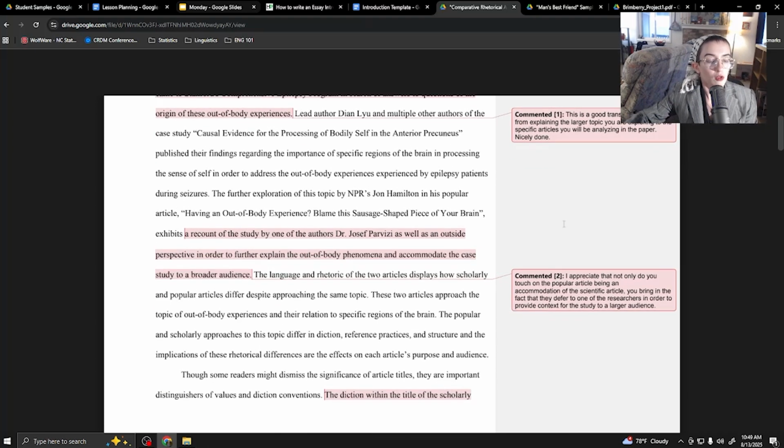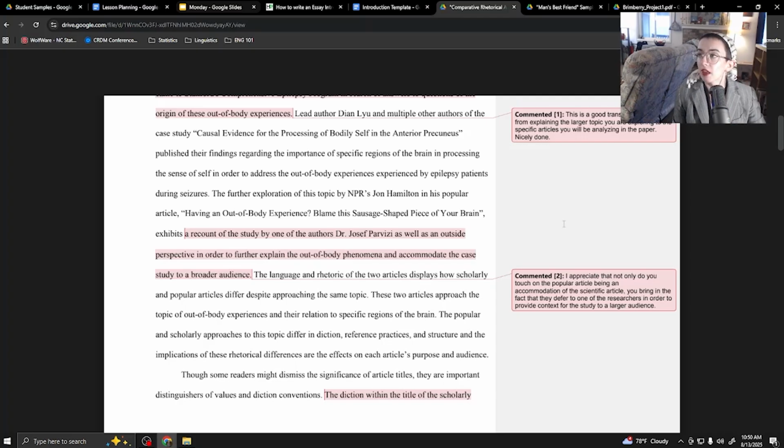And then later on, they introduced that second popular article. And one of the things that's really important here is to make it very clear to your readers how the two articles relate to one another, right? A recount of the study by one of the authors, as well as an outside perspective. You can see that they're saying this is how this NPR article relates to the scholarly article.